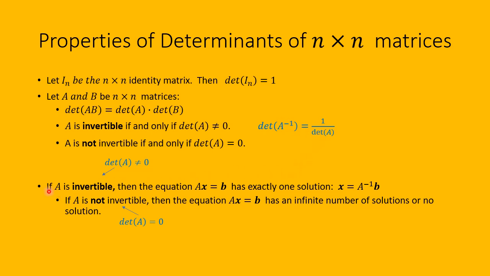Another property, if A is an invertible n by n matrix, in other words, if the determinant of A is not 0, then the equation AX equals B has exactly one solution.